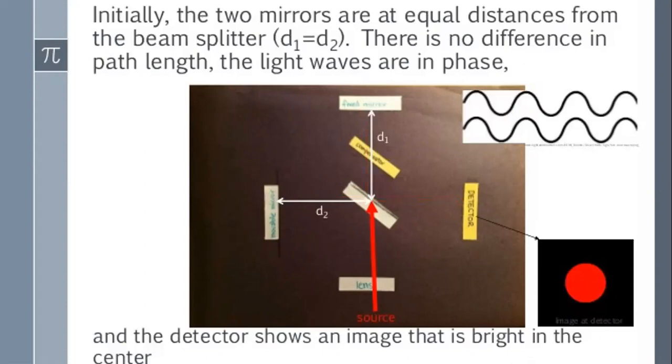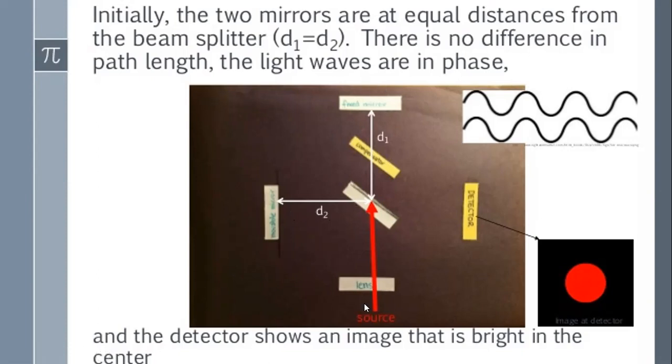Initially the two mirrors are at equal distances from the beam splitter. I am calling the distance between the movable mirror and the beam splitter d2, and the distance between the fixed mirror and the beam splitter d1. Therefore d1 is equal to d2, and there is no difference in the path length.